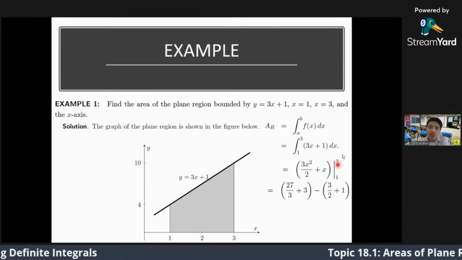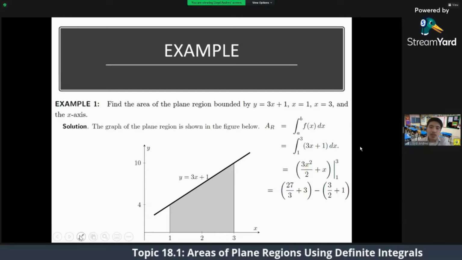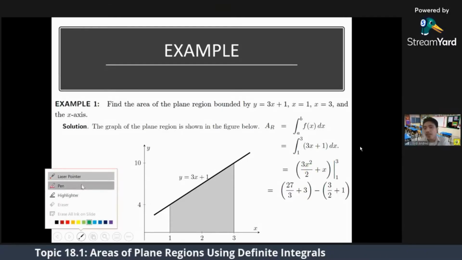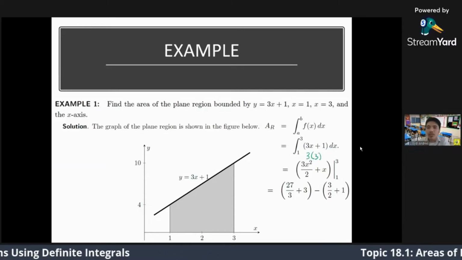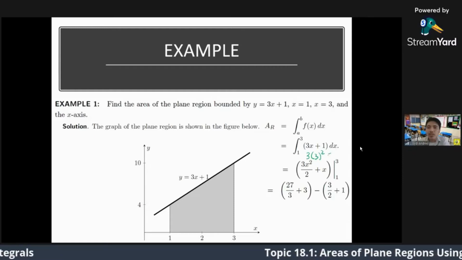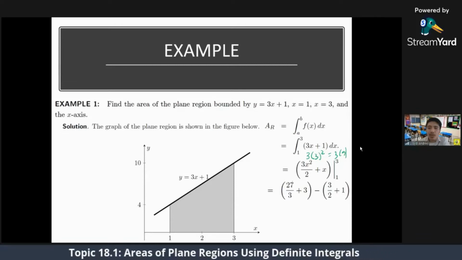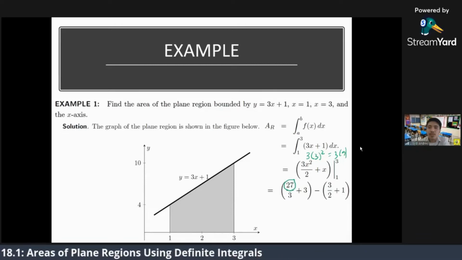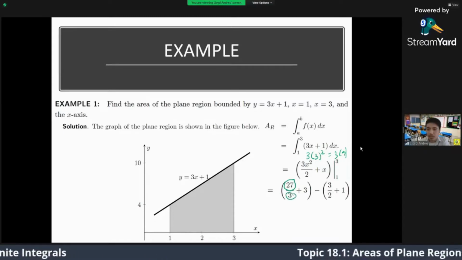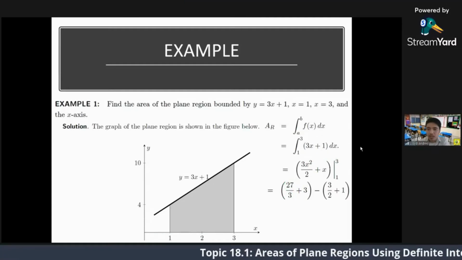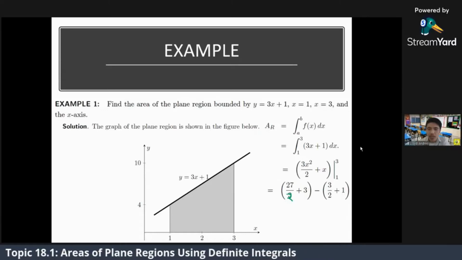3x squared over 2 means 3 times 3 squared, and 3 squared is 9, so 3 times 9 is 27. The denominator should be 2 here, so let's correct that.